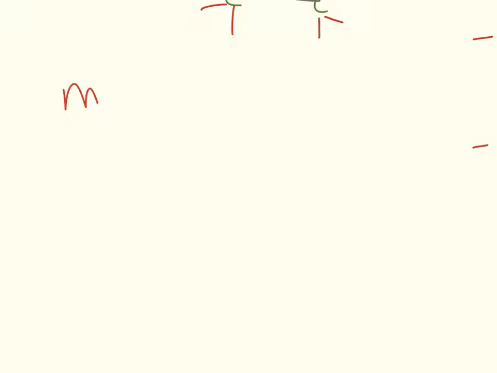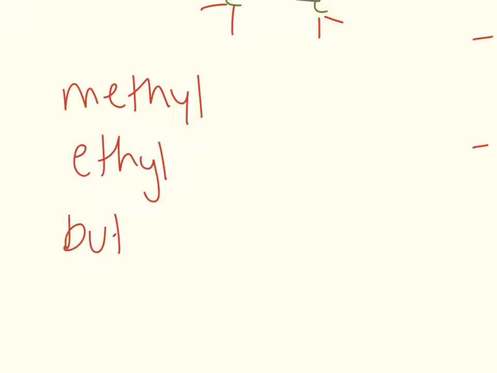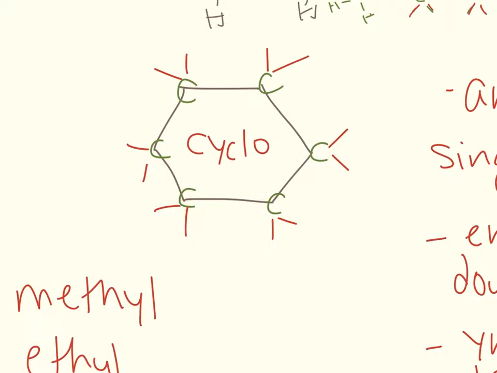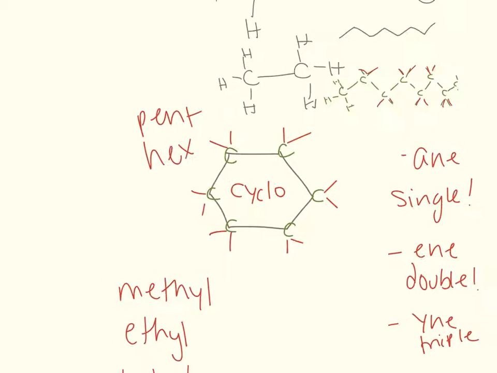So it starts with methyl, and then ethyl, and then 3 is, I forget, but they go on, and so I think it's butyl, and then it goes on. You don't need to know these right now. Like I said here, some of them make a lot more sense than others. For example, hexane, right? Hex is going to be 6, pentane is 5. So you put them all together and you can make names of molecules, which is not what we're focusing on this unit.